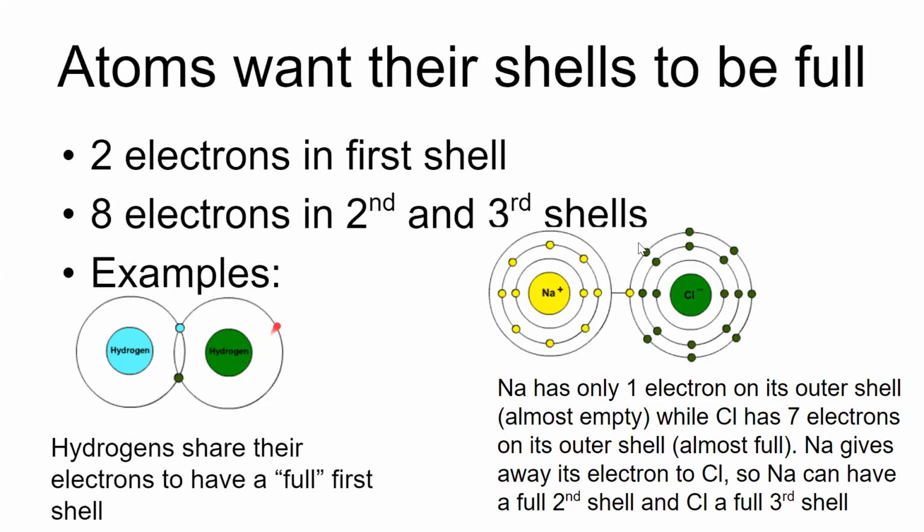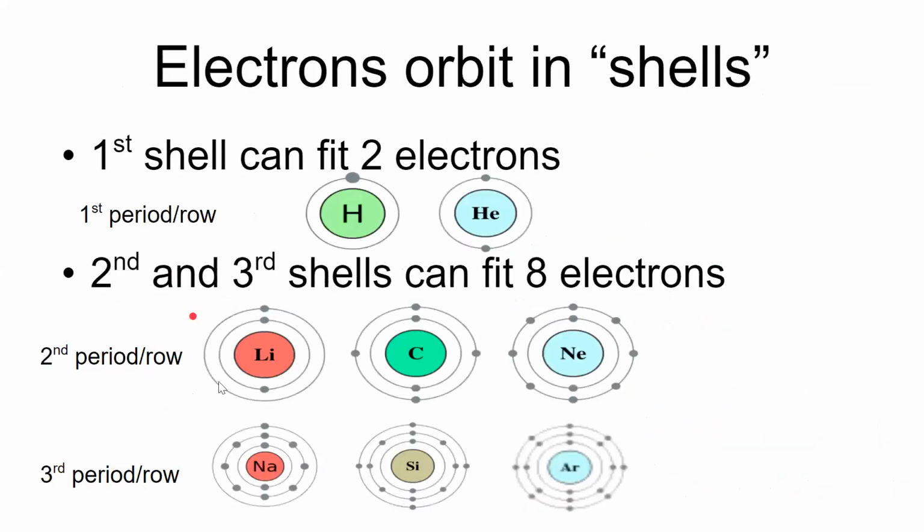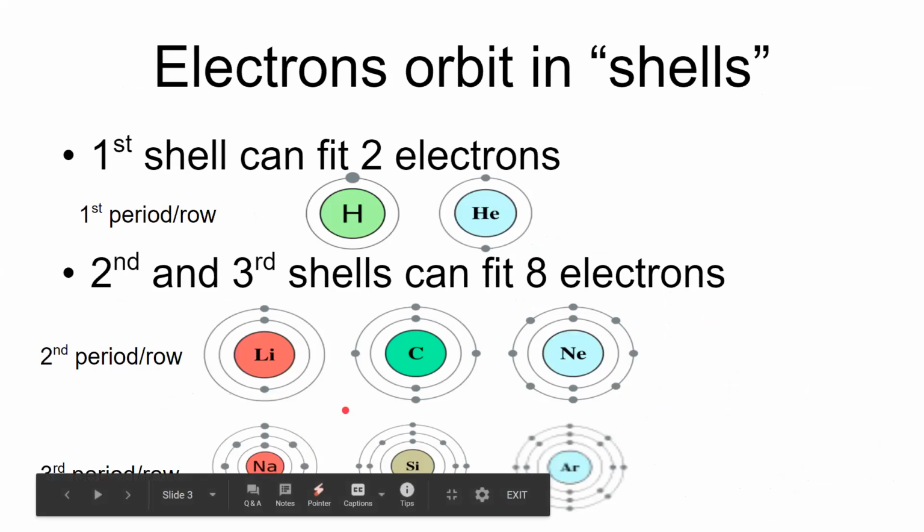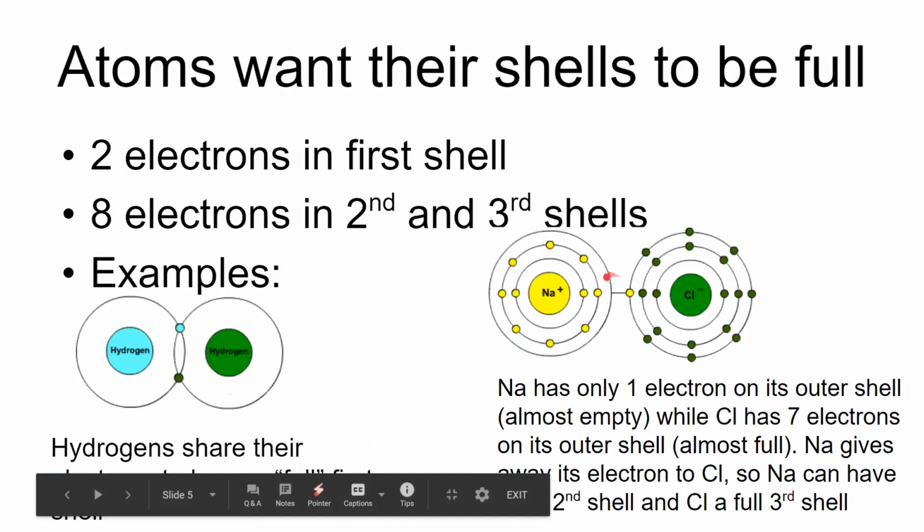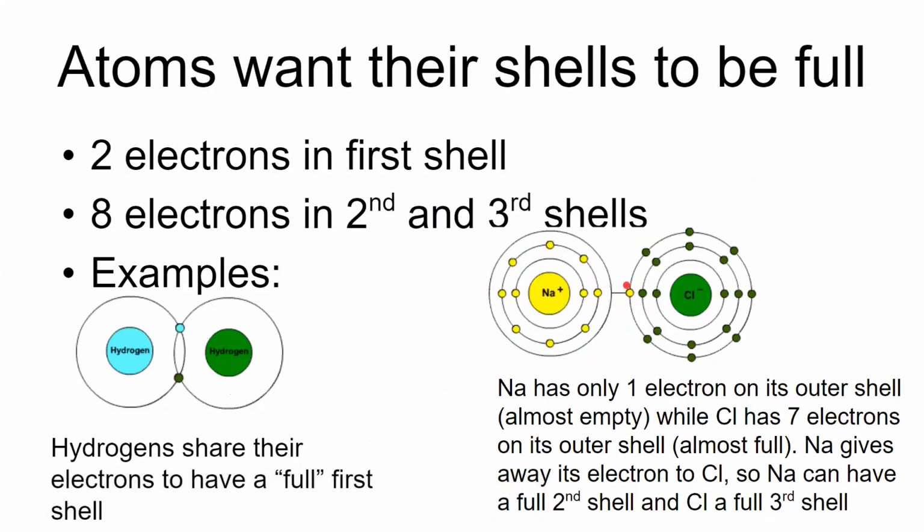Another good example of this is the reaction between sodium and chlorine. Sodium we talked about a little bit earlier. Yeah, here he is right down here. Sodium has 11 electrons, which means there's only 1 electron in the very outermost shell of sodium. Chlorine, on the other hand, has 7 electrons on its outer shell.